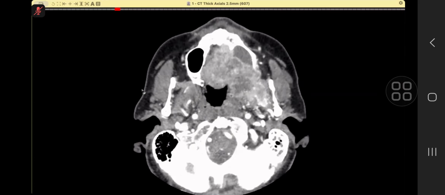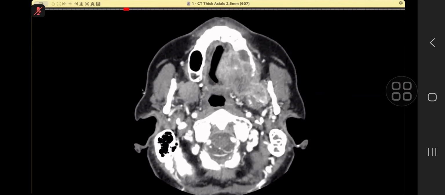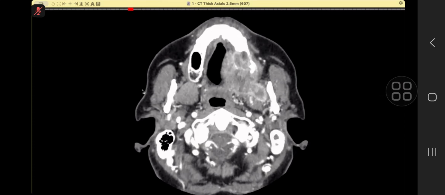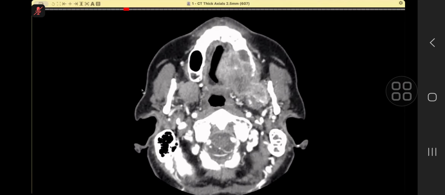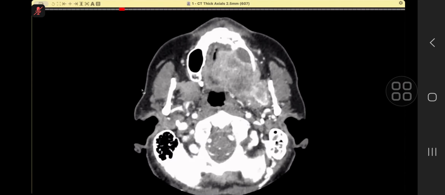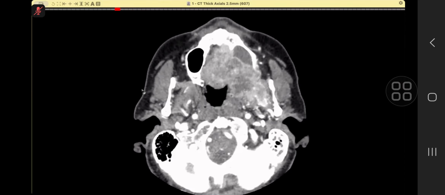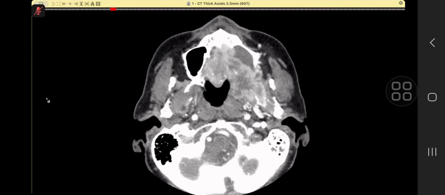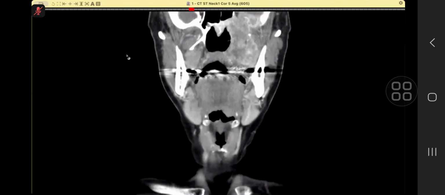I can appreciate a moderately enhancing mass in the region of the left maxillary sinus, which is causing erosion and destruction of the posterior and medial wall of the maxillary sinus, involving the left parapharyngeal space, causing destruction of the left pterygomaxillary fissure, extension into the infratemporal fossa, and medially this lesion is causing destruction of the medial wall of the maxillary sinus and extension into the nasal cavities.